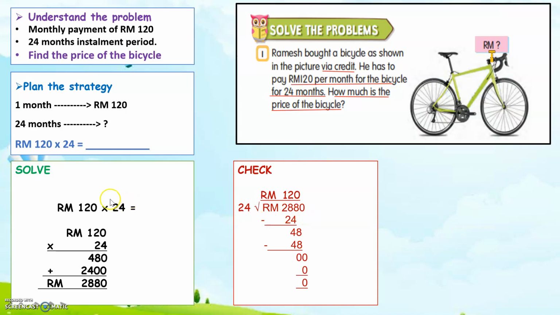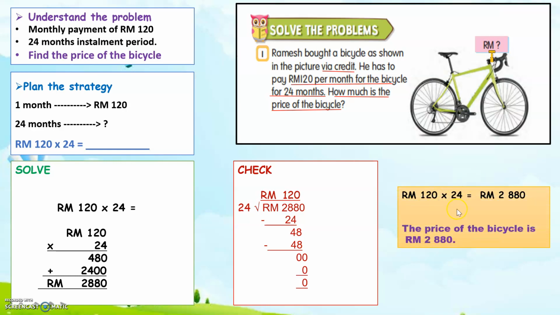That means here I use times to get the answer, so I divide the answer. Teacher gets 120 ringgit. That means my answer is correct. The price of the bicycle is 2,880 ringgit.